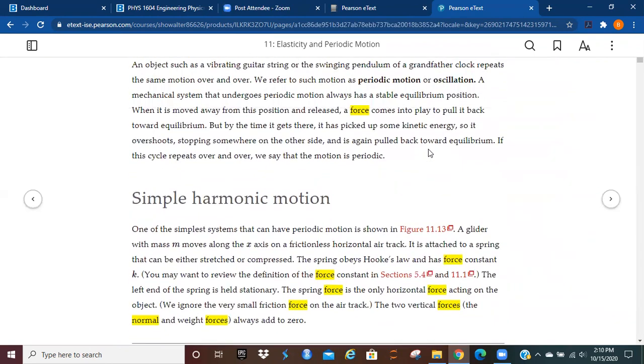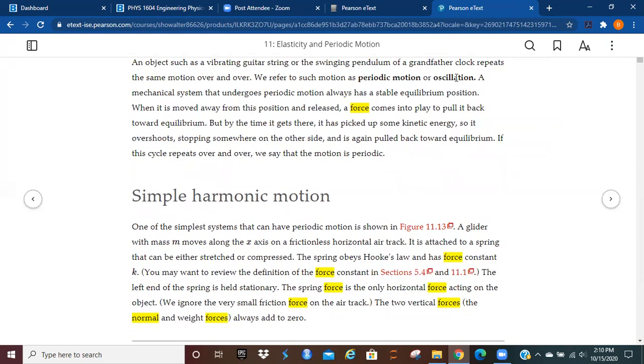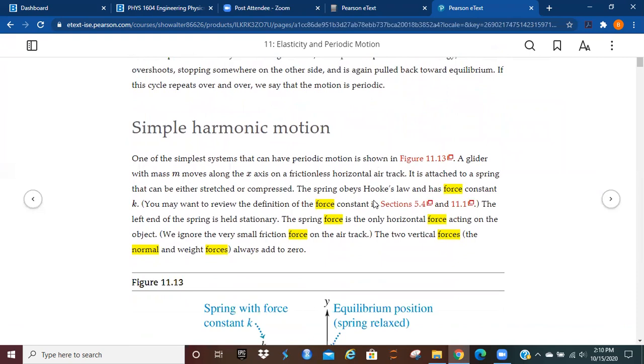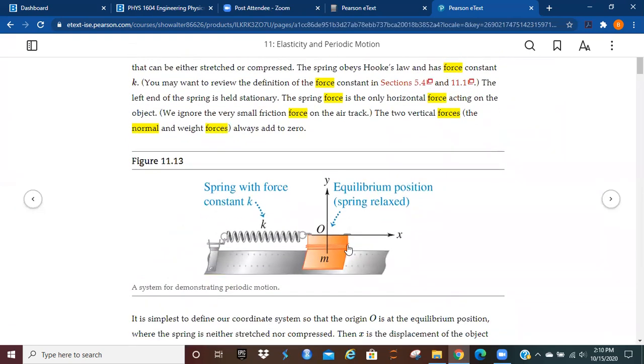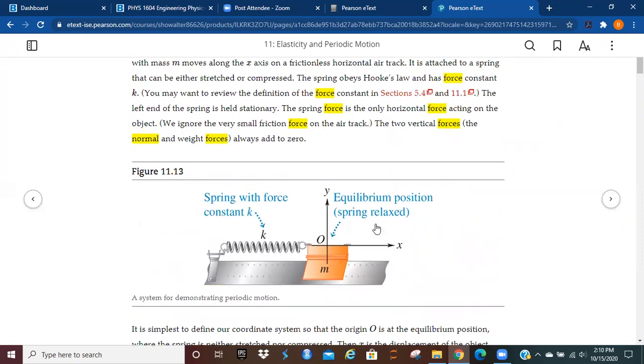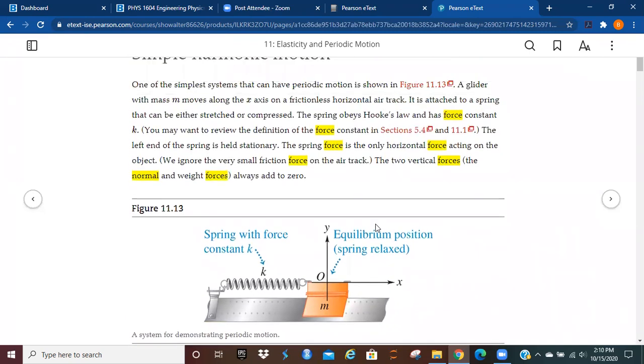So we've already discussed periodic motion or oscillations. And we've already discussed the obeyance of Hooke's law in something like this. So we've already talked about the frictionless horizontal air track, which this thing is on.